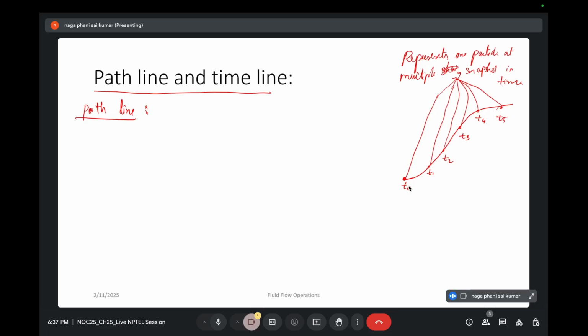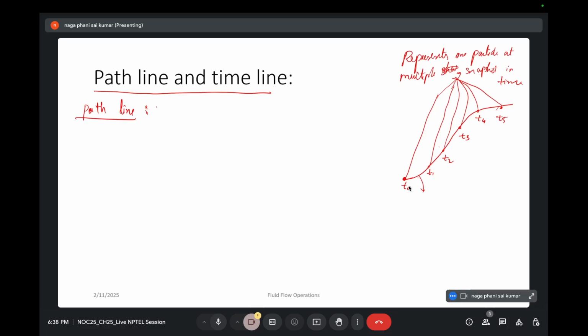It is a record of the path of the particle, starting from one particular point. We are trying to record or trace the movement of a particle from one particular point in a stream.